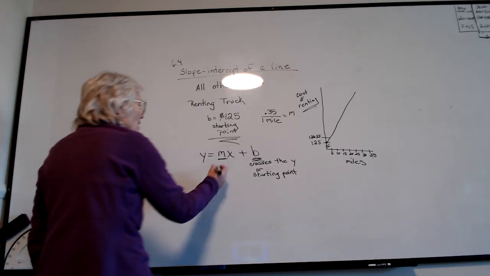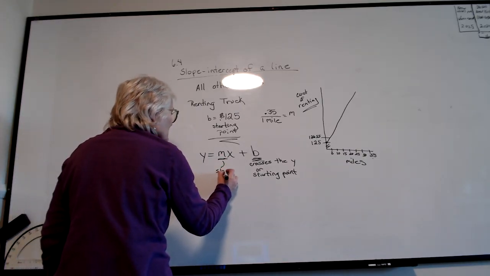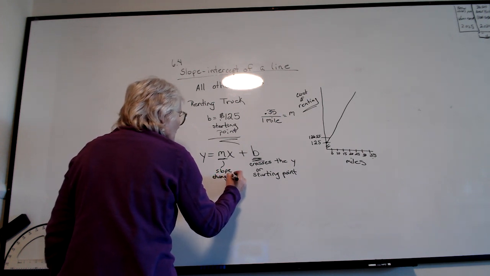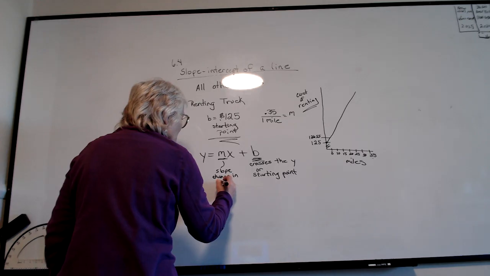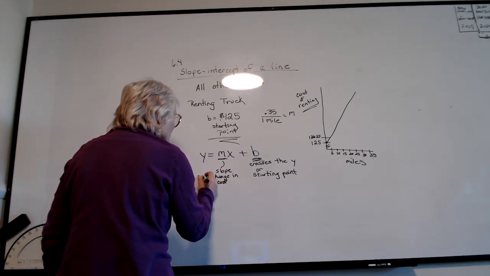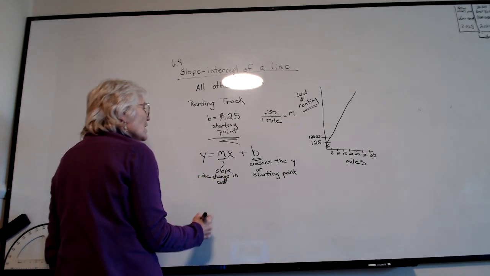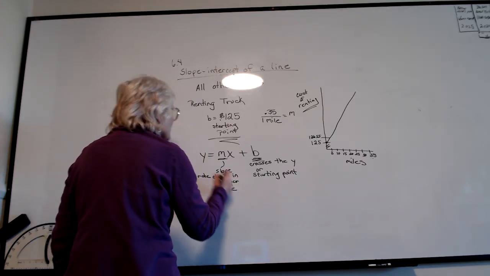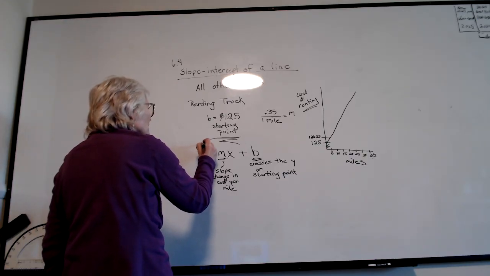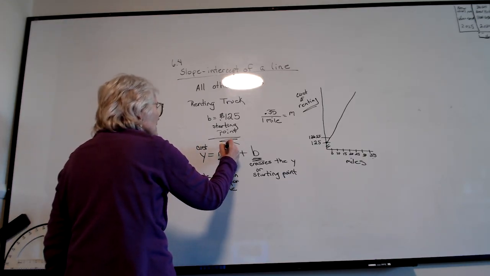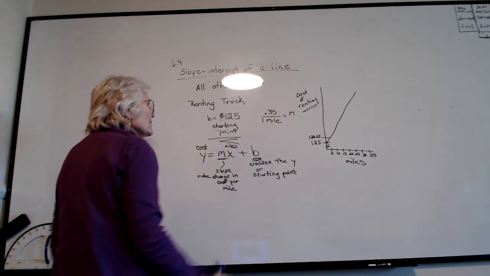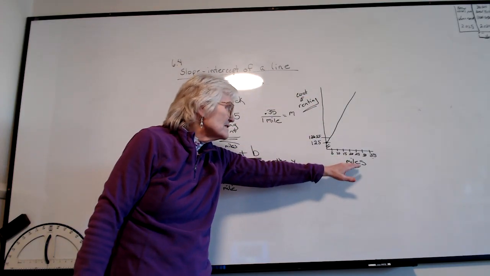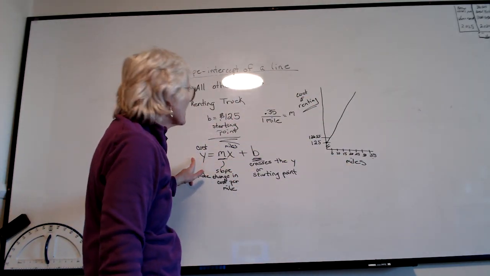So I know now what my slope is. This is my change in cost, or the rate of change in cost per mile. In this case, y is the cost, x is the miles. You notice that? I marked that on here. Miles is the x, y is the cost.